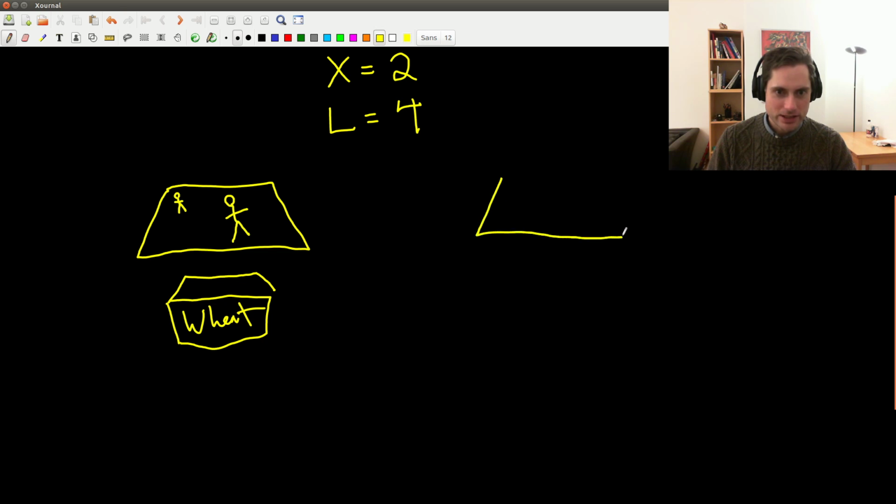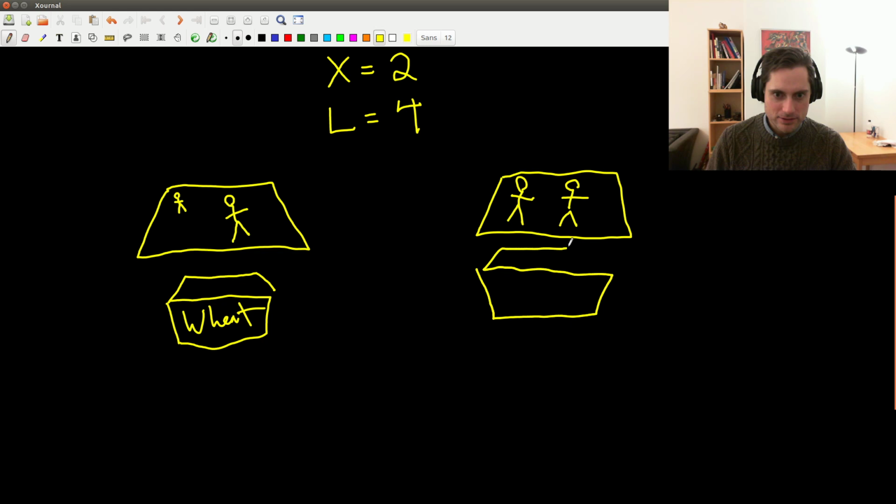Draw another field over here. Get a couple of workers. These guys are both up here, hanging out at the front of the field. Well, these guys are also going to be able to create 1 box of wheat. If we double the amount of inputs, it's very reasonable to think that we will double the amount of outputs.